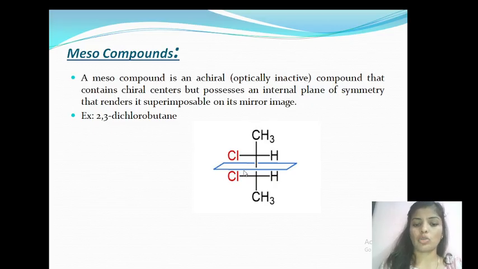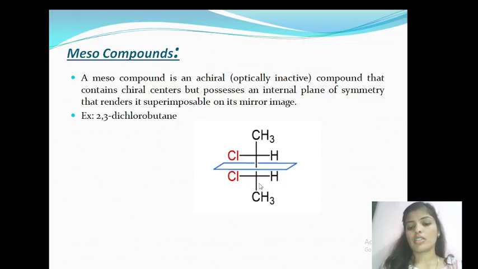Similarly, see here it is 2,3-dichlorobutane. When we take this example, this is one chiral carbon, attached to one hydrogen, one CH3 group, one Cl group, and another bulky group. So this is a chiral carbon, and here also this is a chiral carbon. Even though it consists of two chiral carbons, it has a plane of symmetry, which can divide this molecule into two equal halves, and these are mirror images of each other.